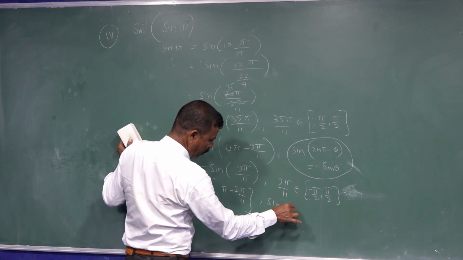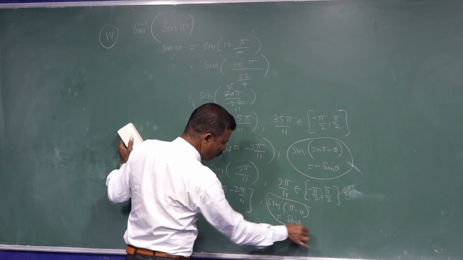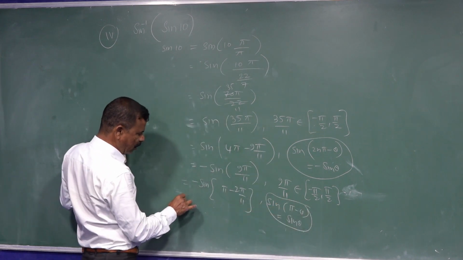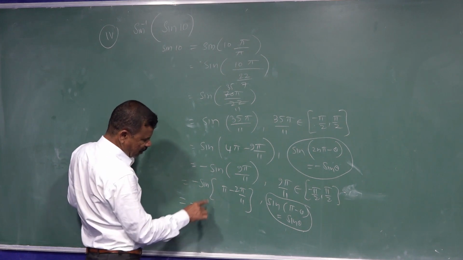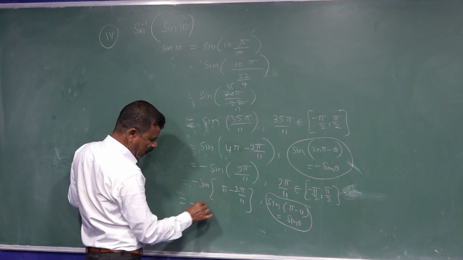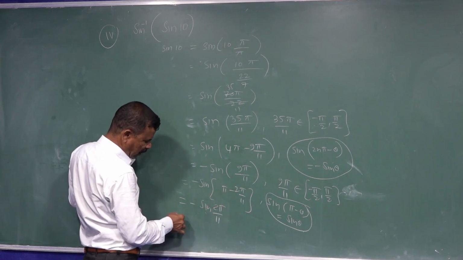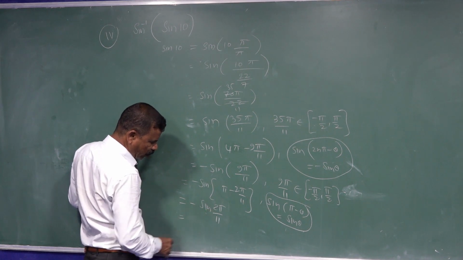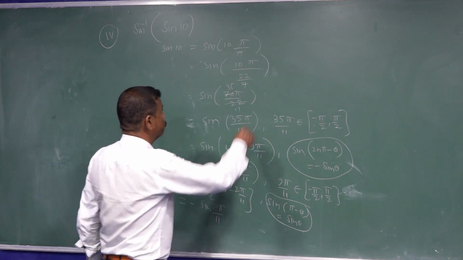Sine of 180 minus theta in the second quadrant, sine theta is positive. So here the minus sign, as it is, sine of 180 minus theta equals sine theta, sine 2 5 by 11. And this also goes inside; otherwise keep it.